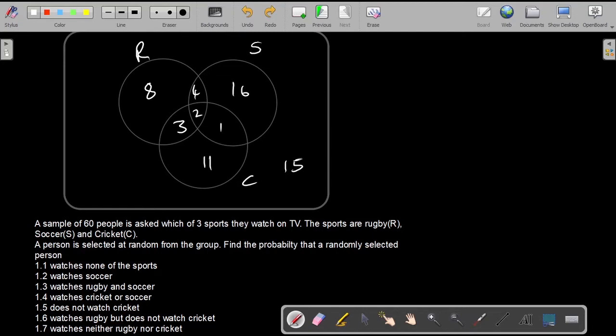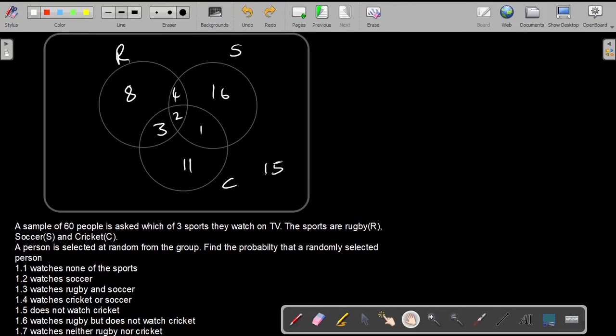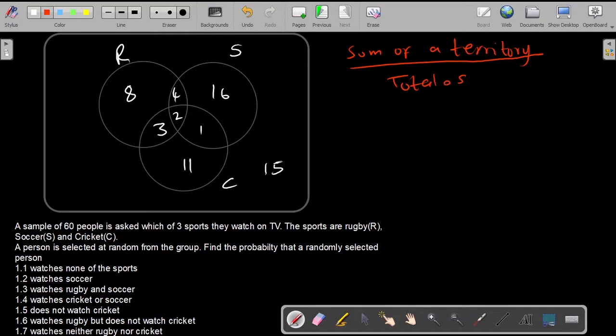But before we do, you can always ask yourself, when given a Venn diagram, if you're not directly given the probabilities, the probability would just be the sum of a territory divided by the total of the sample space. In this case, we have 60 people, so expect the total of the sample space to be 60.